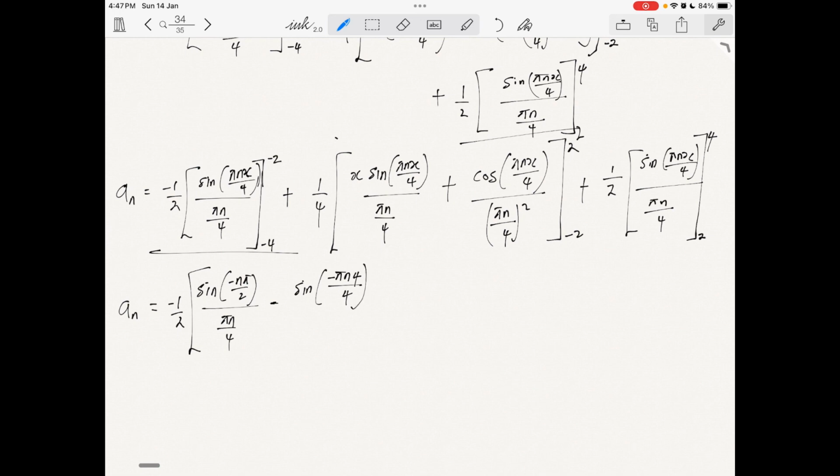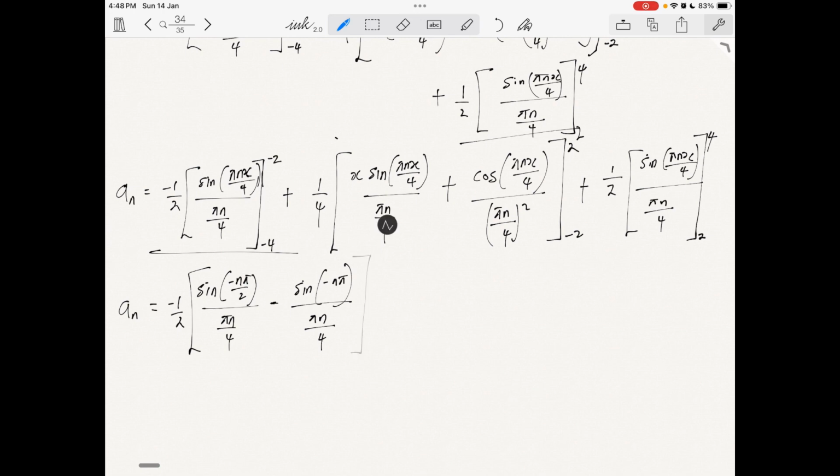Okay, and this πn 4 over 4 is the same thing as writing πn minus πn, minus nπ, as the case may be, divided by πn over 4.